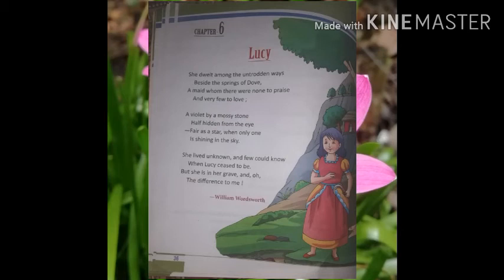She lived unknown and few could know. As I have earlier explained, she lived where nobody goes, in a very lonely place. So very few people know where she is living. When Lucy ceased to be, ceased means death. When Lucy died, very few people came to know that she died, because very few people knew her.